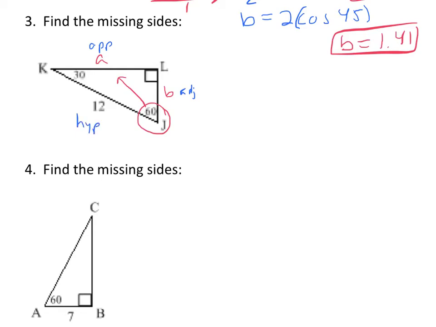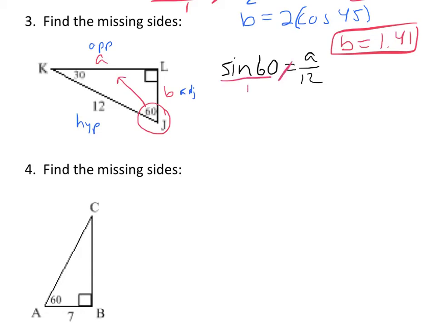So how will I find A? Well, I can't use tangent, by the way. Tangent is opposite over adjacent, and that's A and B. I don't have enough information. So we'll try what we did before. We'll go sine of 60 equals opposite, which is A, over hypotenuse, which is 12.